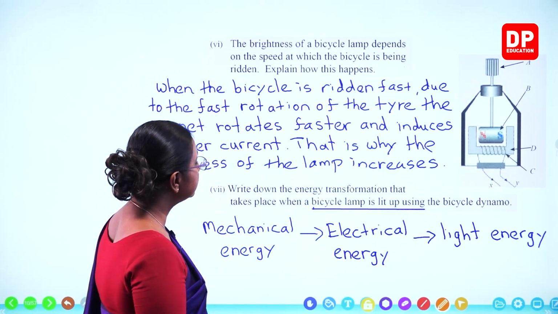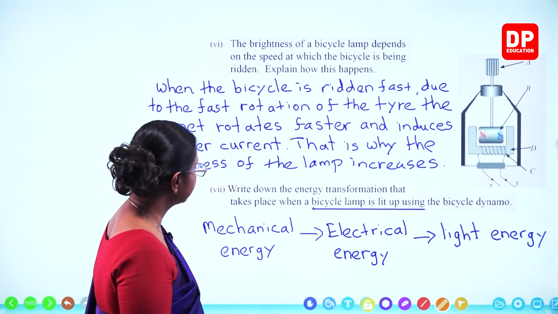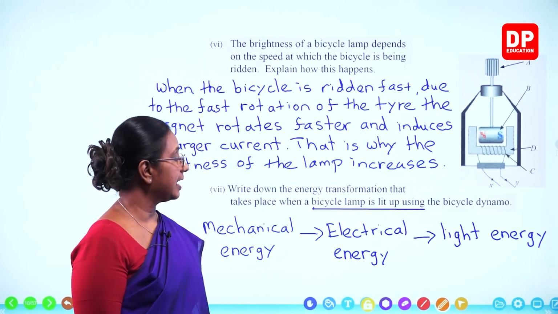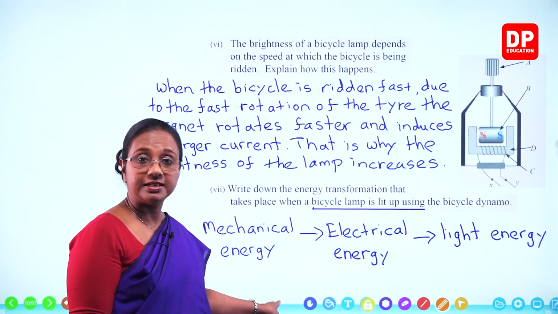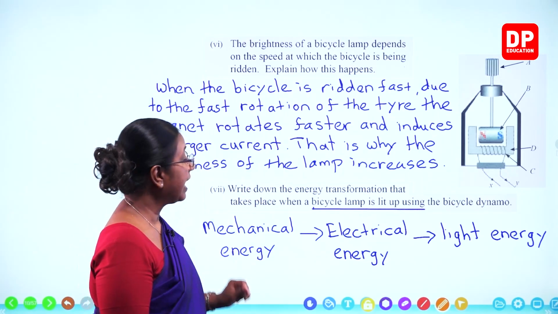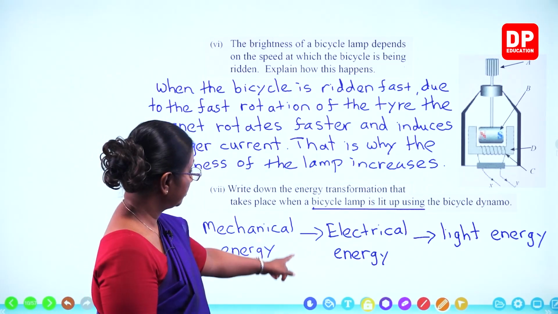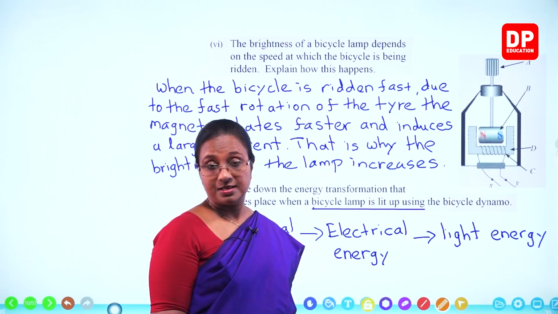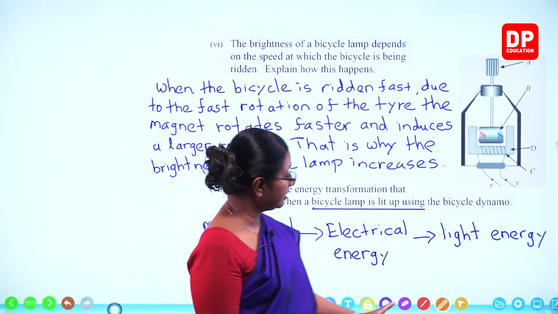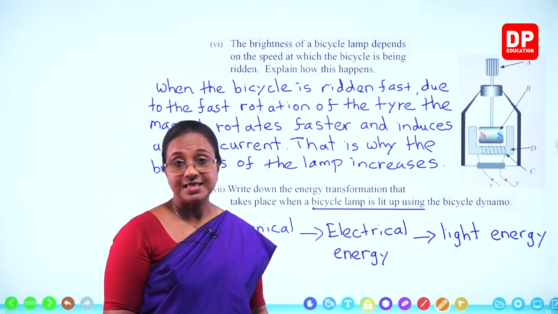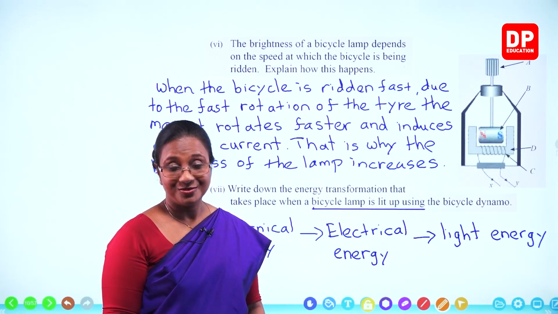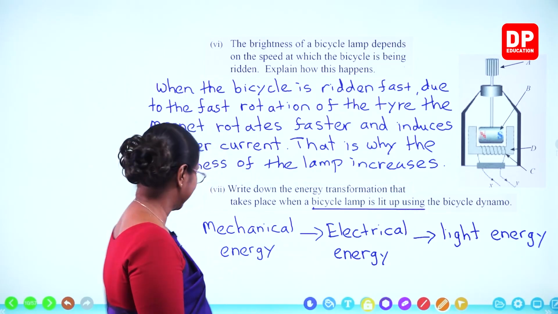Mechanical energy, that is the kinetic energy of the bicycle and the rotation. So, there are electrical energies generated as current electricity that gives rise to light energy of the lamp. Is that clear, student? So, with that, I'll move on to the next slide.